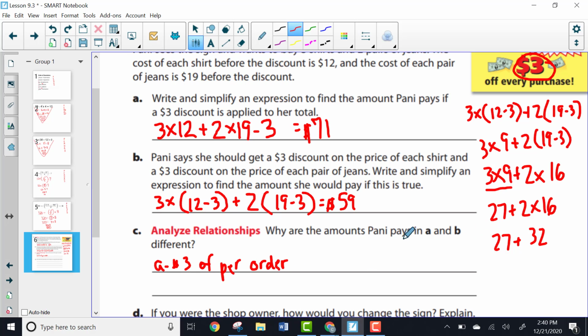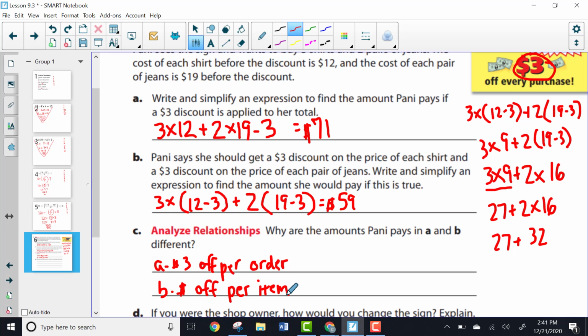And then for B, what's the difference there? This is $3 off per item. You can see as a customer, you would like $3 off per item, a little bit better than $3 off per order.